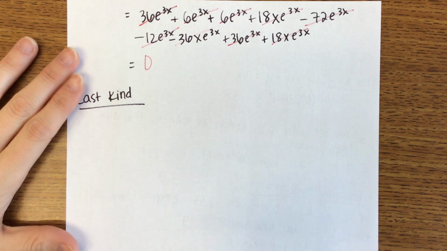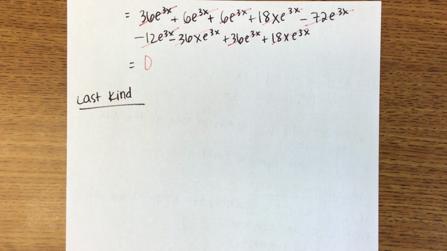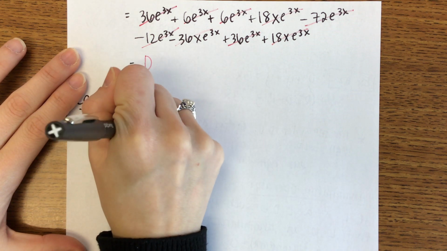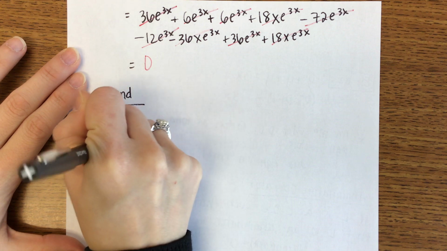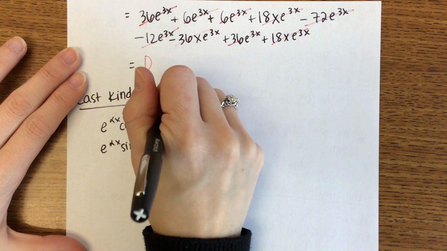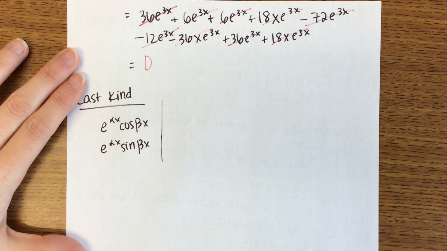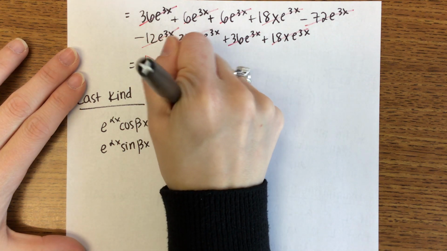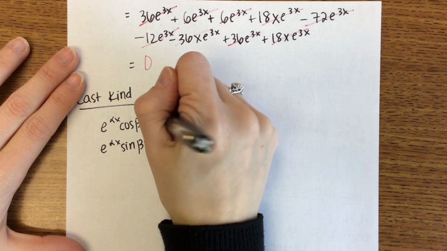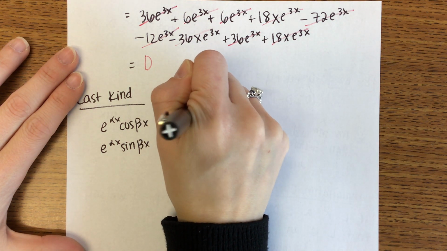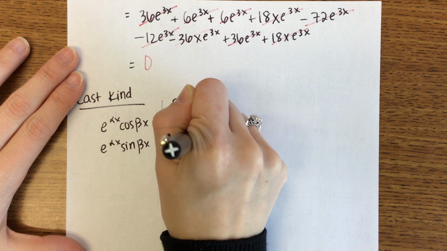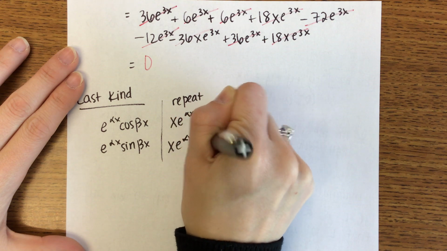Okay. So the last kind has a bunch of different possibilities that you could see. You could see e to the alpha x cosine of beta x, e to the alpha x sine of beta x. If there's repeated roots, so if those complex roots repeat themselves, you could have e to the alpha x cosine of beta x, x e to the alpha x sine of beta x.